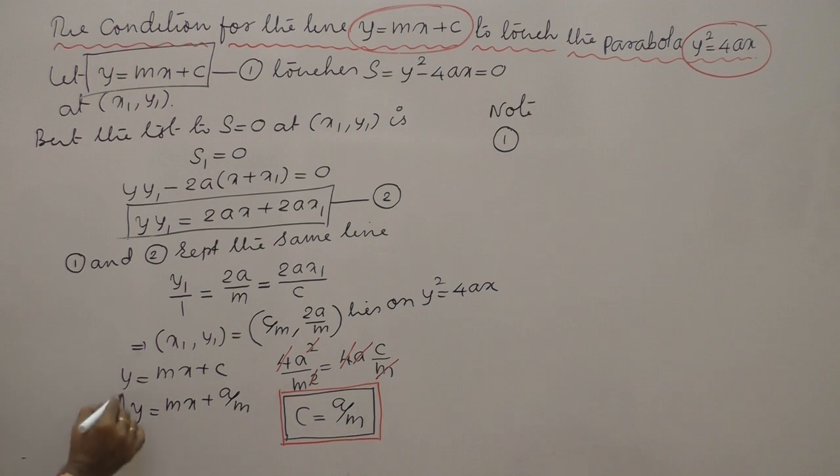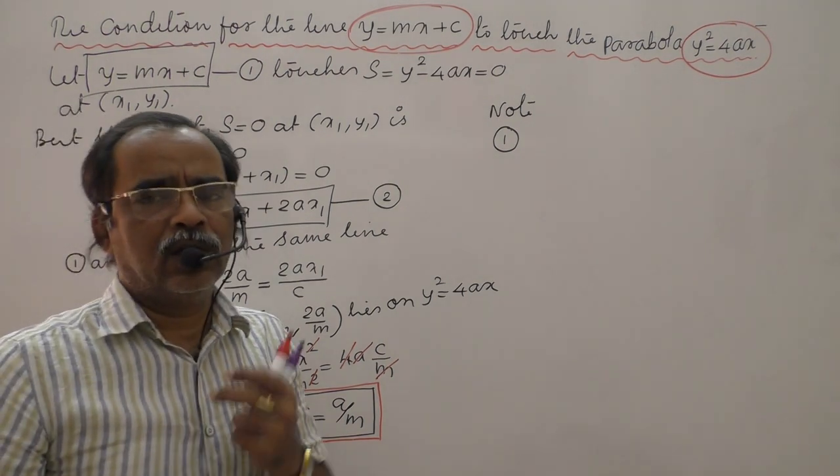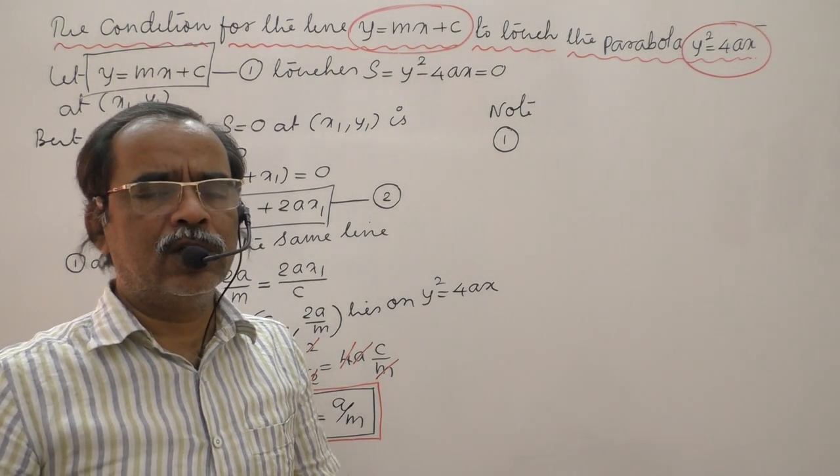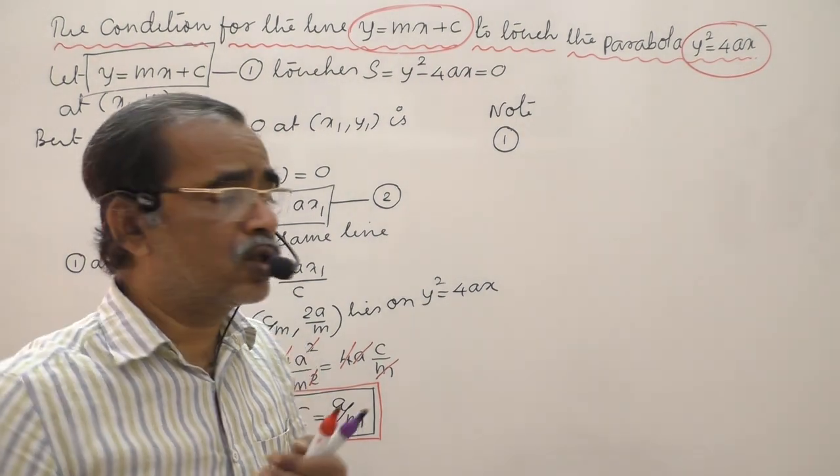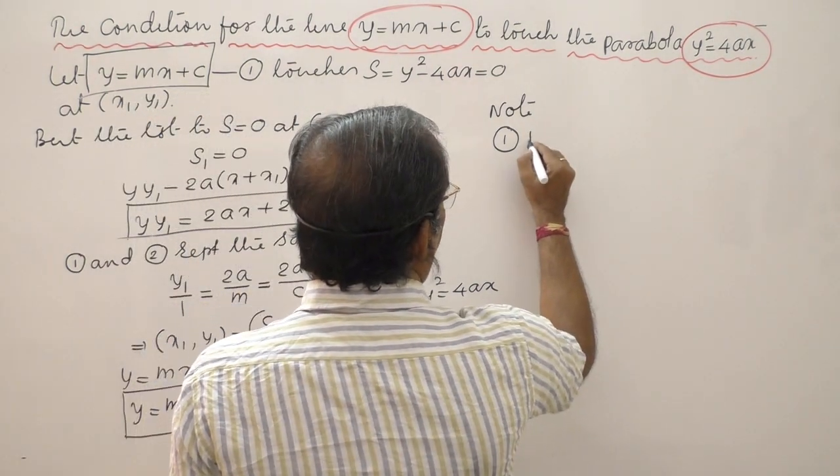Therefore, this equation y = mx + a/m is a tangent to the parabola, which is known as the tangent in the slope form. Listen carefully.